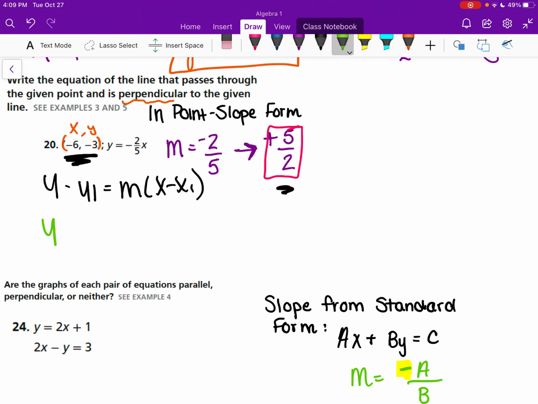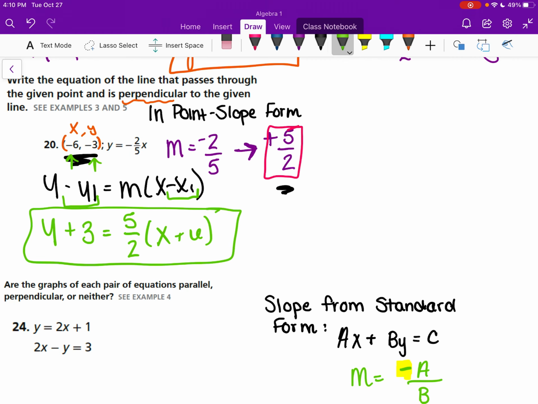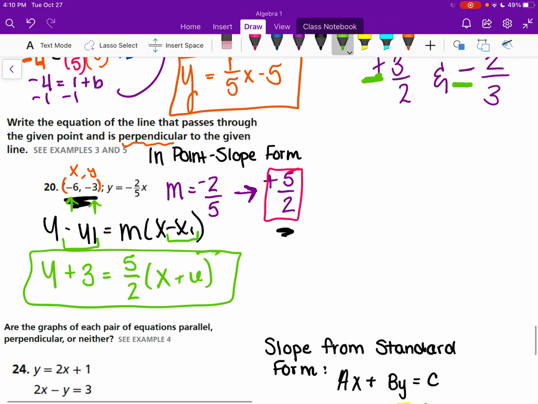So that's y, and then the opposite of y1, which is -3, is +3, equals m, which is now 5/2, times x, and then the opposite of x1. The x1 is -6, so that would be +6. That would be my equation, and I would type it in and leave it just like that if they don't specify what format it needs to be in.